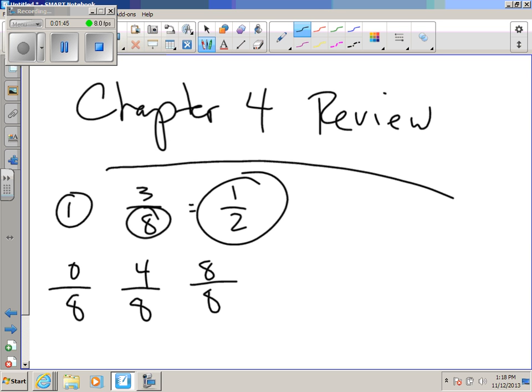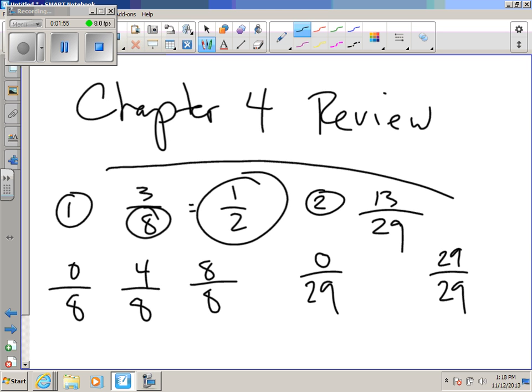Okay? Number 2, 13/29. Now the 0 and the 1 whole are easy. The half is where it sometimes gets a little bit tricky, especially when you have an odd number for your denominator. What is half of 29? Well, if you're not sure what half of 29 is, then think of the denominator before it and the denominator after it.